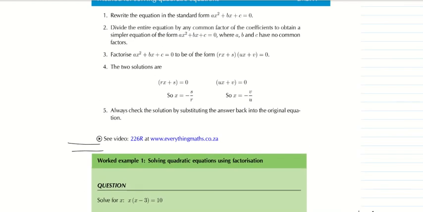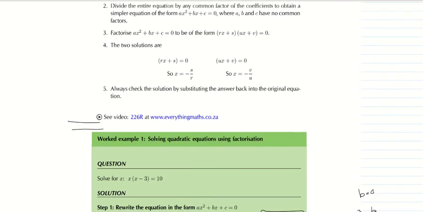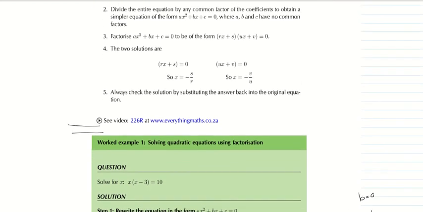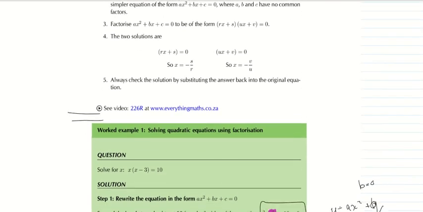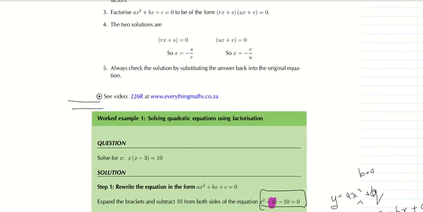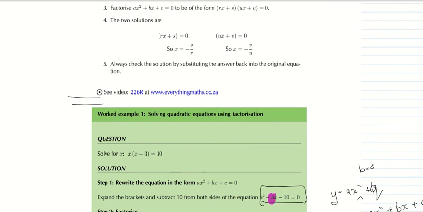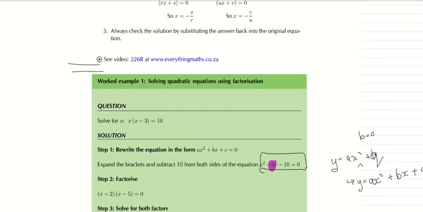Right, so first step always is to see if there's any common factors. If you can take out the common factor, you simplify by doing so. Alright, so there's two solutions, and then it is your roots that will be determined like that. Always check the solution by substituting back into the original equation.